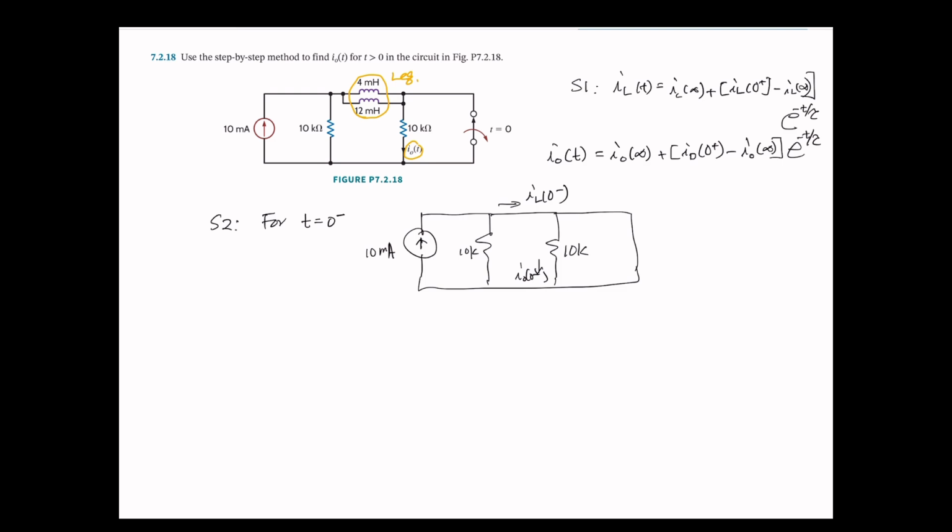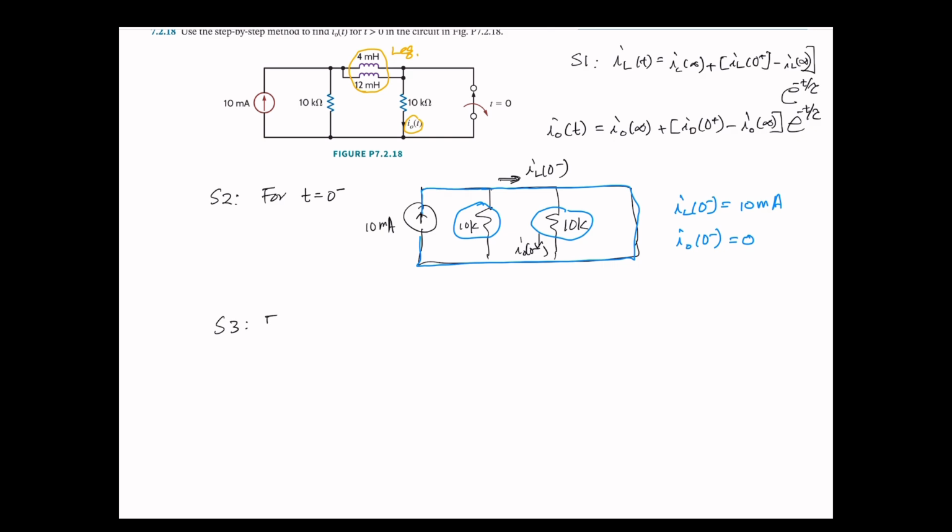The 10 milliamp current is going to go here and follow this route because this is the short circuit, and there are blocks in here, so no current will go through that. That means we have I sub L 0 minus, that is 10 milli, and I sub 0 0 minus, we have a 0.